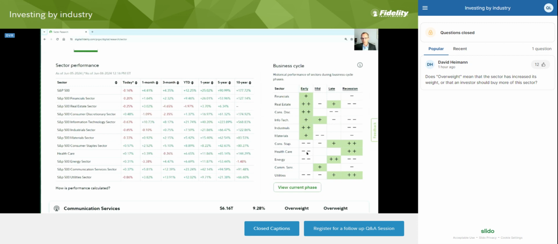Some companies wouldn't do quite as well in that scenario. And based on the pluses or minuses here, we can start to see which areas of the market might do better or worse. These are divided up by sector.